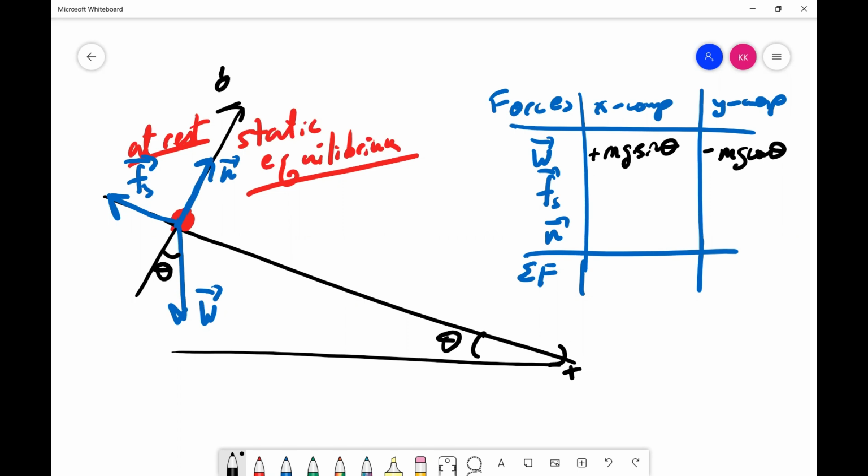If I'm breaking down the gravitational force into components, this will be the y component, and this will be the x component. You can see the x component is opposite to that angle theta, so that's why it is written in terms of sine theta. The y component is adjacent to angle theta, so that's why it's written in terms of cosine of theta.